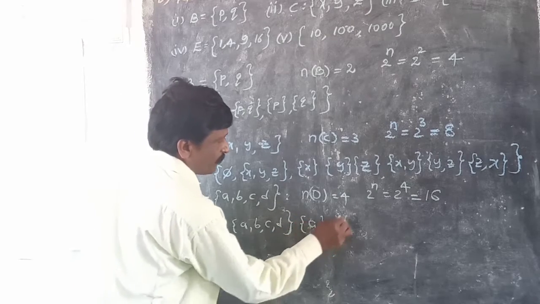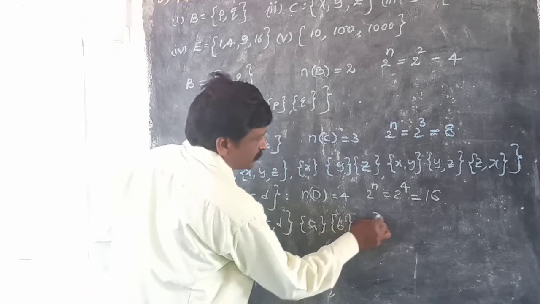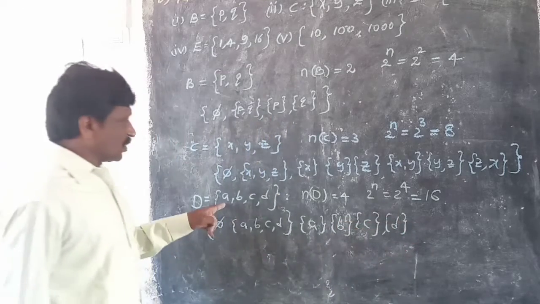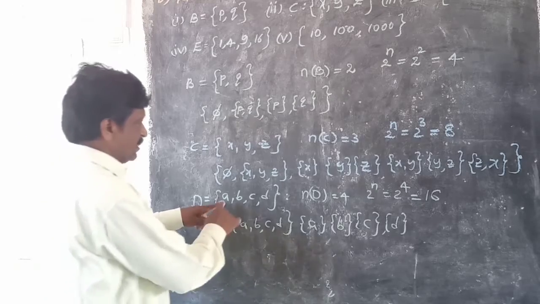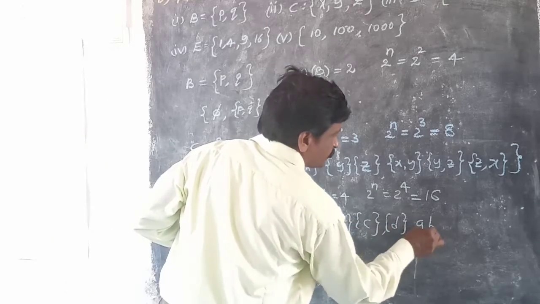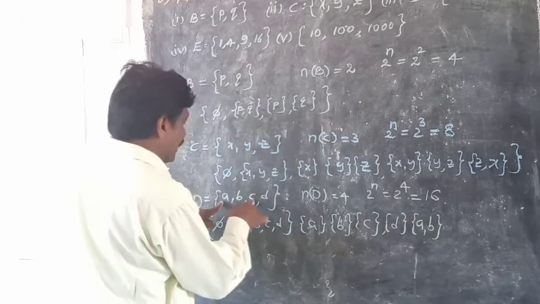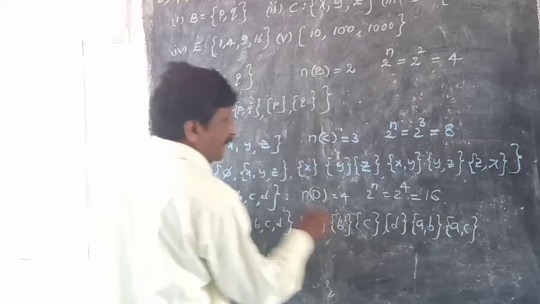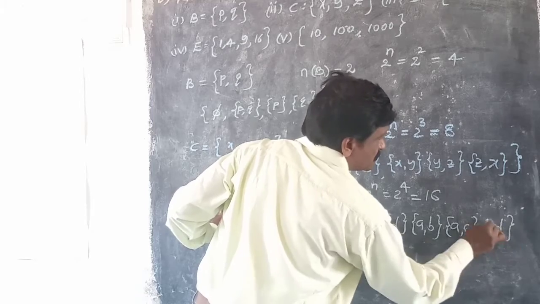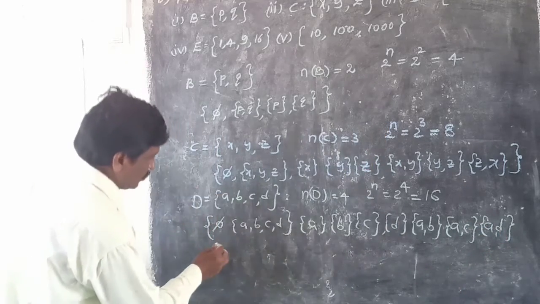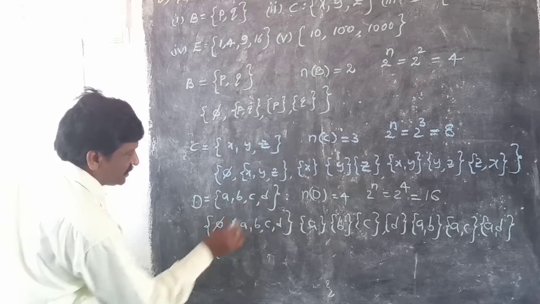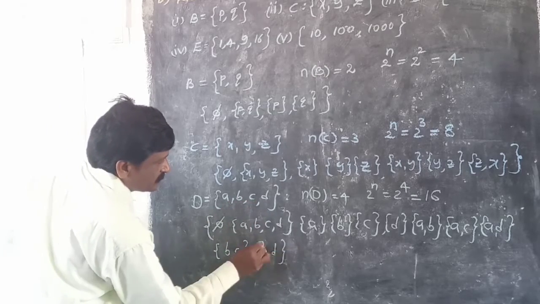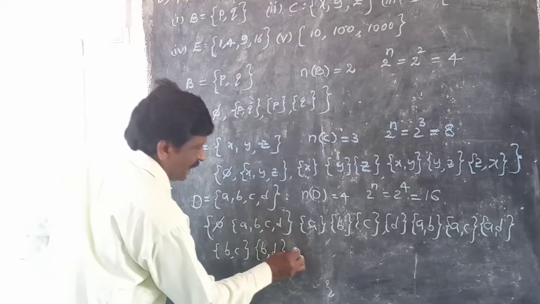A, B, C, D. Next, double element sets: AB, AC, AD. Next, BC, BD. Next, CD.